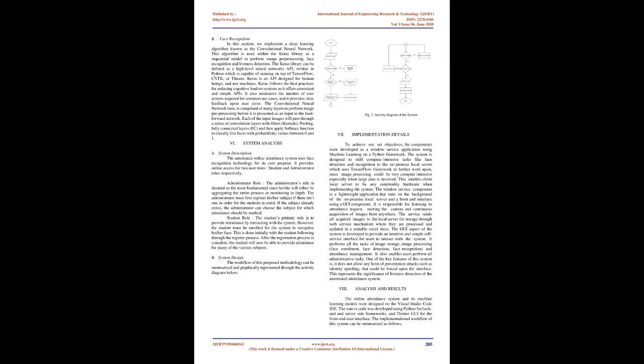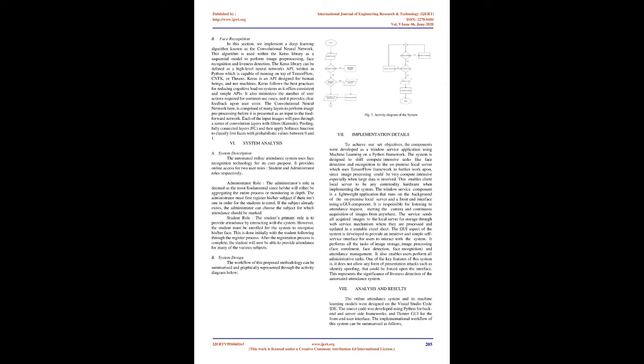B. Face recognition. In this section, we implement a deep learning algorithm known as the convolutional neural network. This algorithm is used within the Keras library as a sequential model to perform image pre-processing, face recognition, and liveness detection. The Keras library can be defined as a high-level neural networks API, written in Python, which is capable of running on top of TensorFlow, CNTK, or Theano.